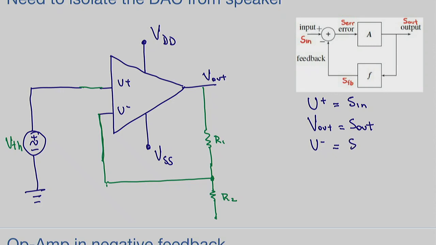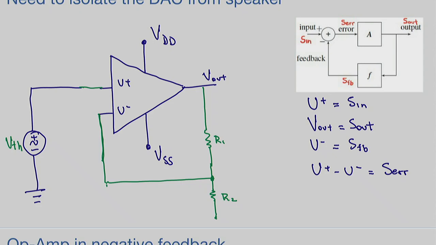Signal feedback. Yes. And finally, what is U plus minus U minus? According to our feedback block diagram, that is S arrow. Yes, isn't that nice? We have been calling this differential voltage the S arrow, right? It's taking U plus input minus U minus.